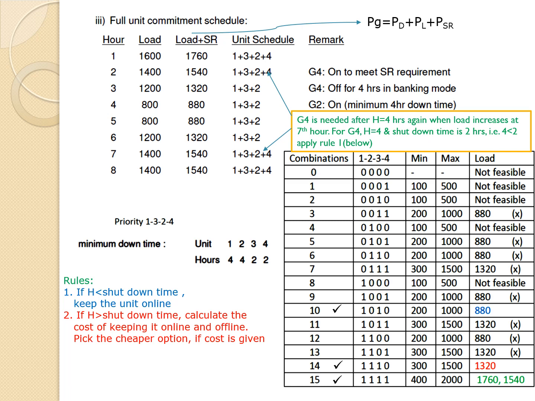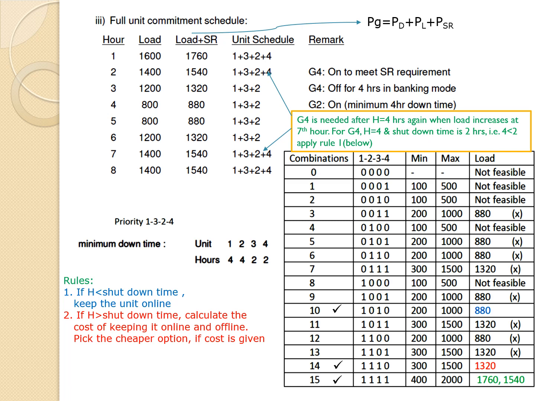The 0 written below a particular unit number denotes that the unit is in the off state. If 1 is written below a unit, that means the unit is in the on state. In the next 2 columns, the minimum and maximum capacities of the units have been written, and in the last column the total load that can be supplied from these units has been written.